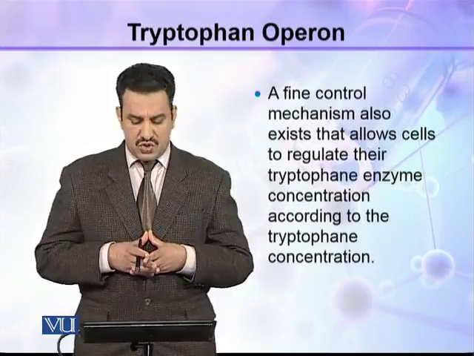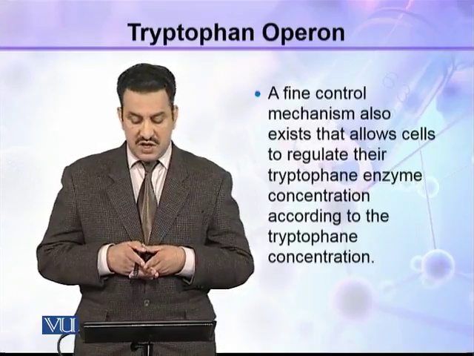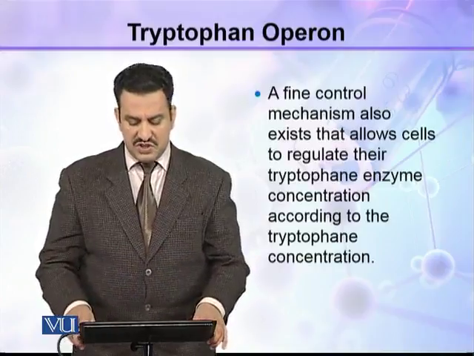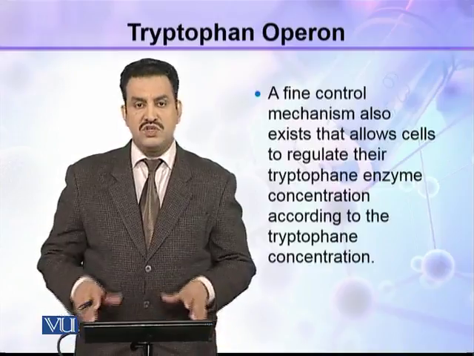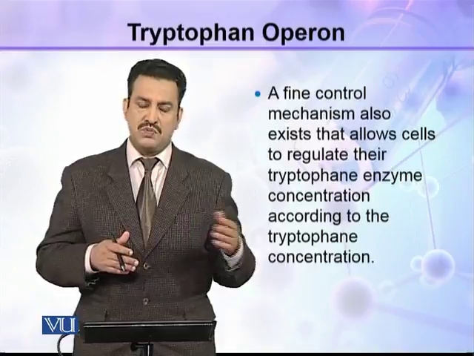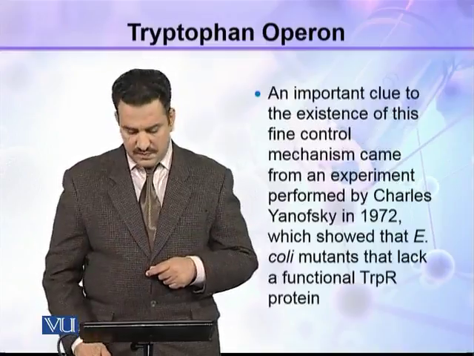A fine control mechanism also exists that allows cells to regulate their tryptophan enzyme concentration according to the tryptophan concentration. So, looking at the tryptophan concentration, the tryptophan enzyme concentration can be controlled.